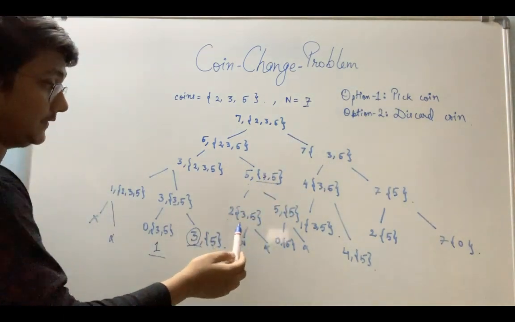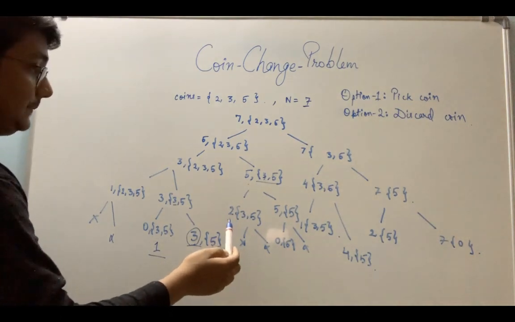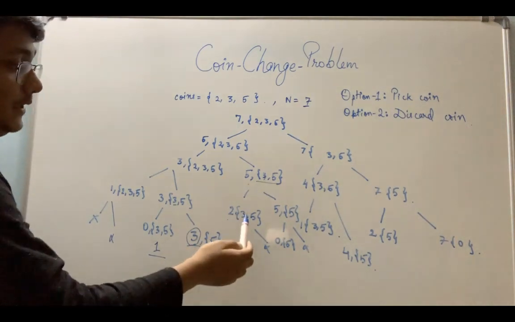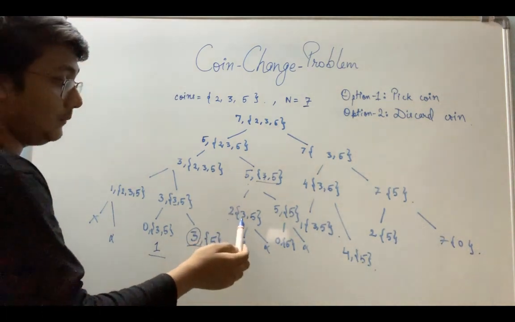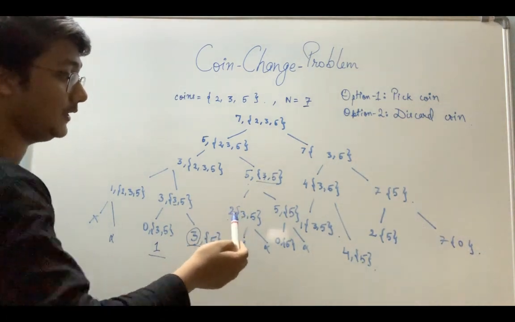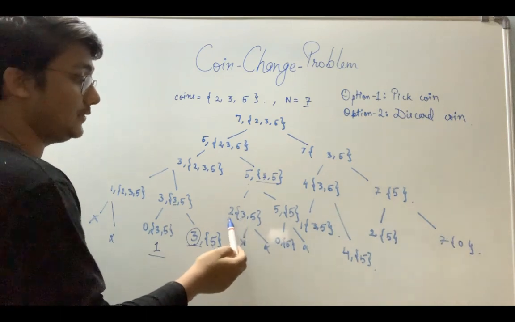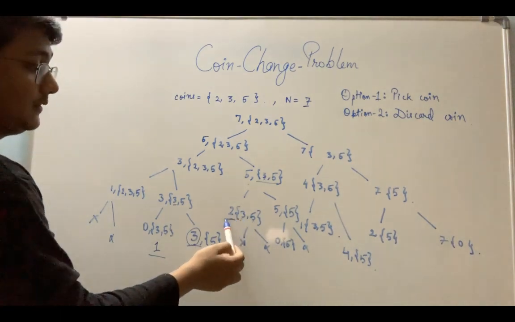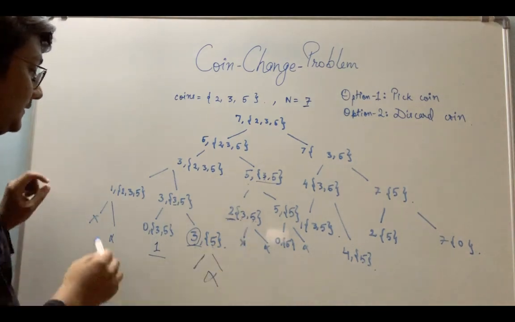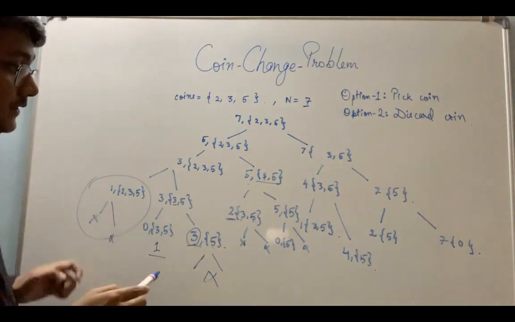Now if you further drill down this path, you will not be able to make any changes from 3 and 5 because both 3 and 5 are greater than 2, and if you pick any of them, that will reduce the number to a negative number, which is the case we encountered here as well.